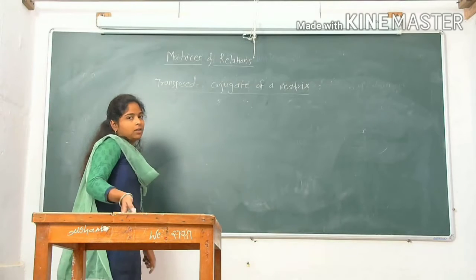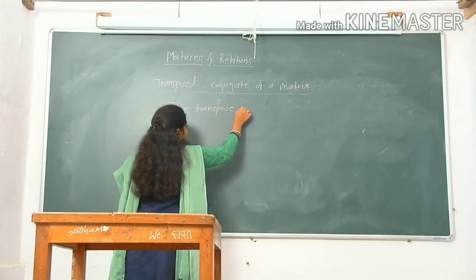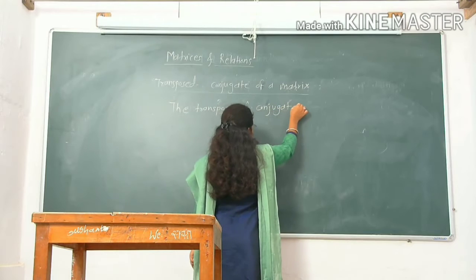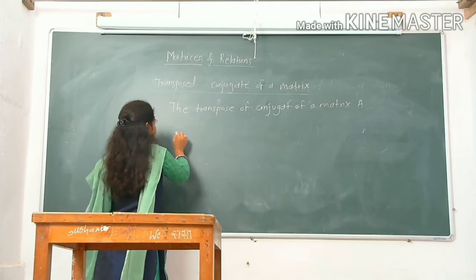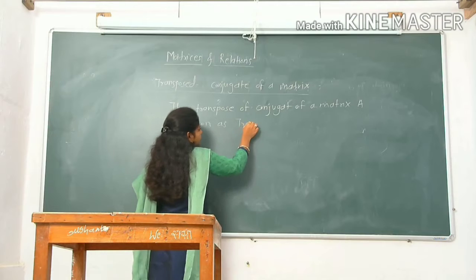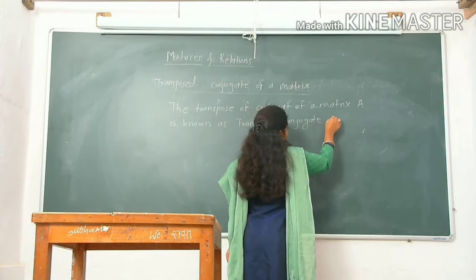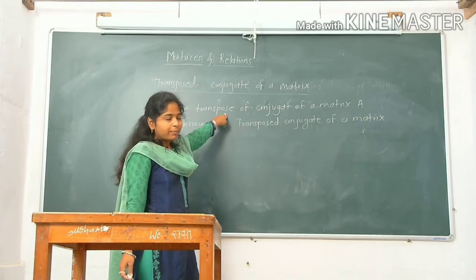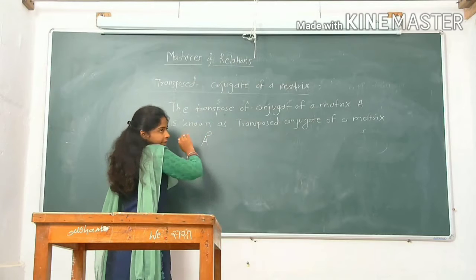The transpose of the conjugate of a matrix A is known as the transpose conjugate of a matrix. It is denoted by A raised to theta.